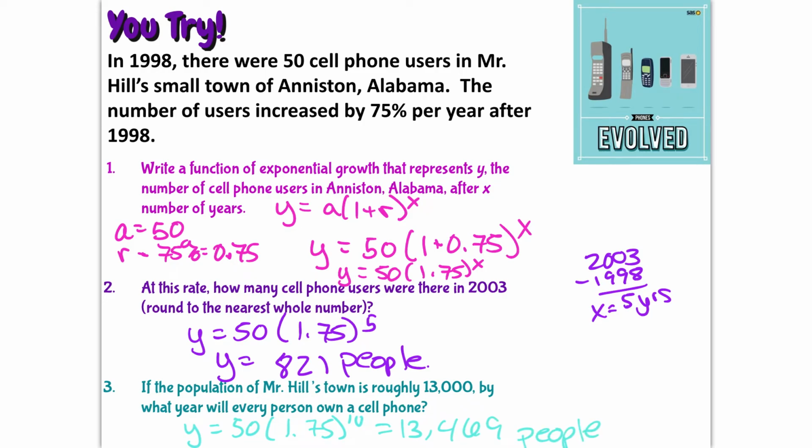So after 10 years, and this is asking what year, 10 years added to 1998 is 2008. In 2008, every person will own a cell phone in Anniston, Alabama.